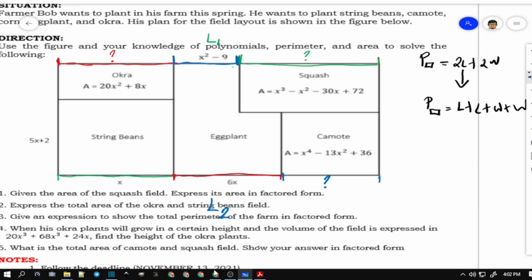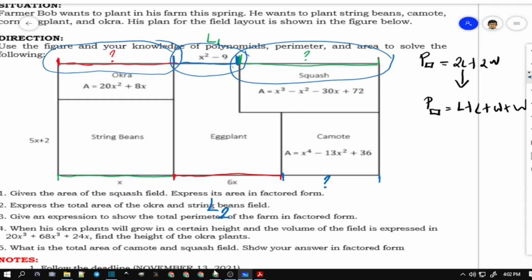Now how can we get length number 1? To get length number 1, add the length of the okra, plus the length of the eggplant field, plus the length of the squash field.